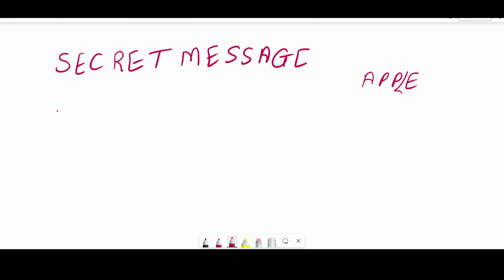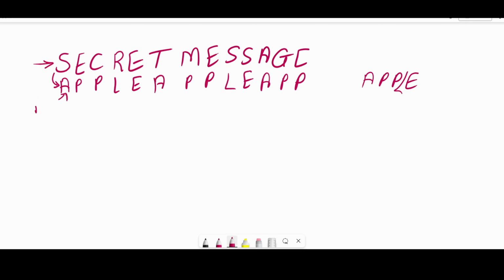So for each character, we would write down apple, and then again apple, and then again app. So basically for each character of our plain text, we have one encryption key character.